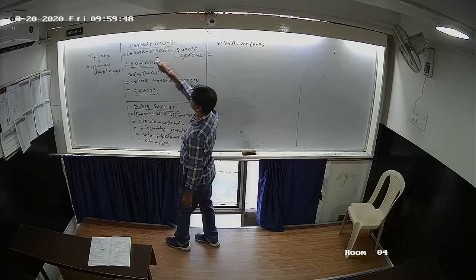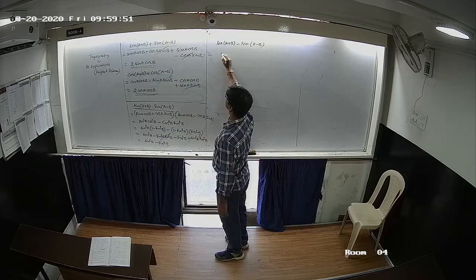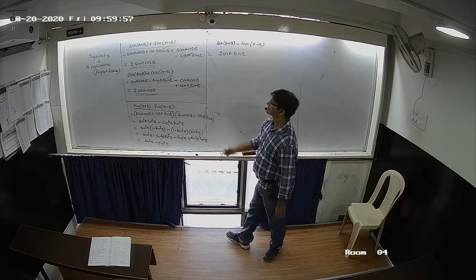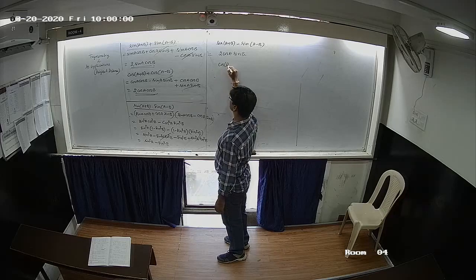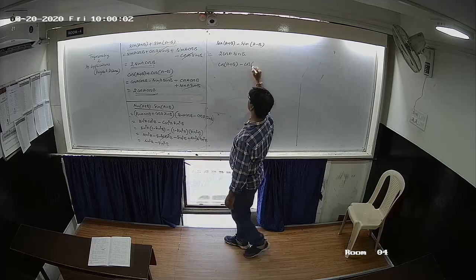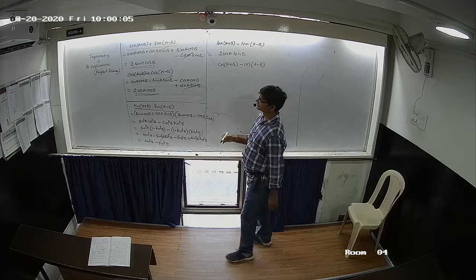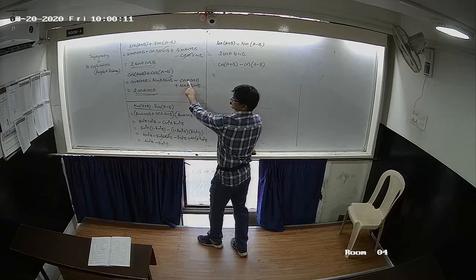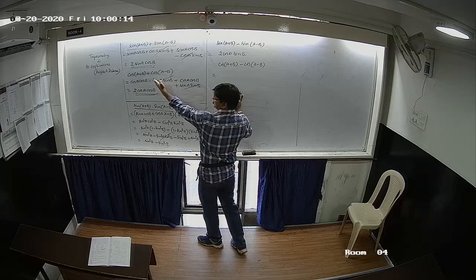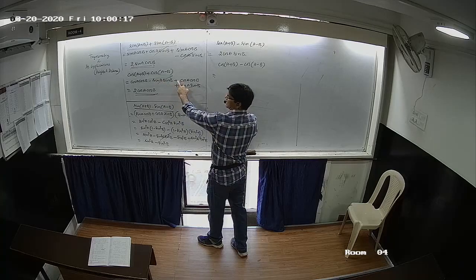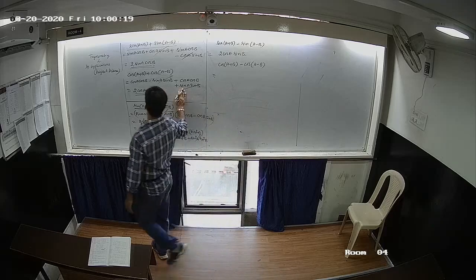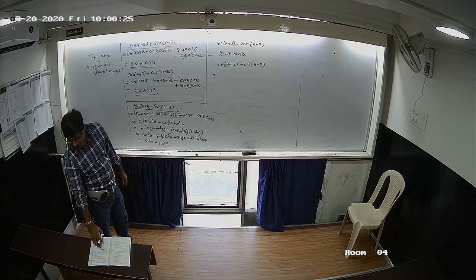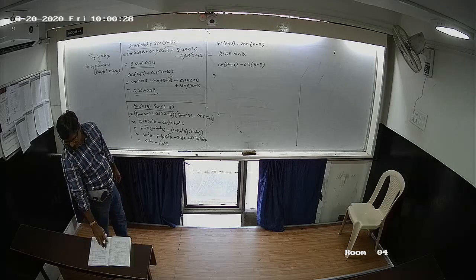So these two get cancelled and we are left with 2 cos A sin B.